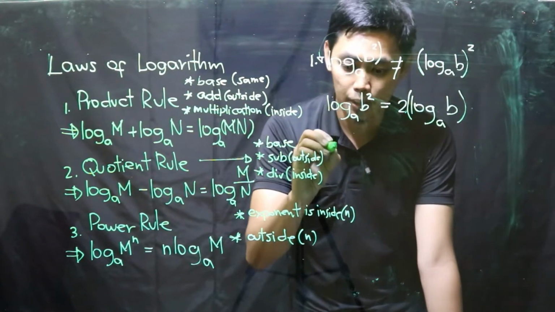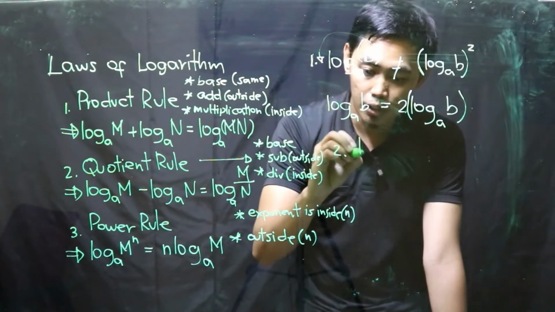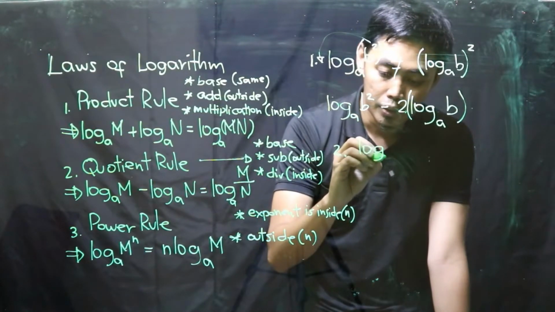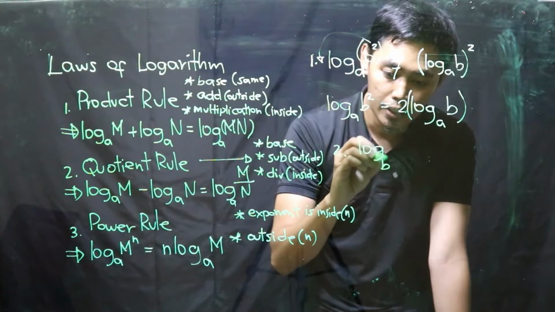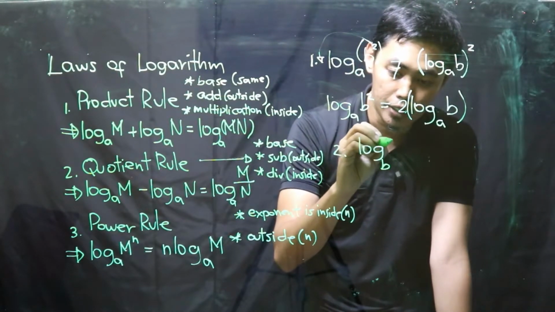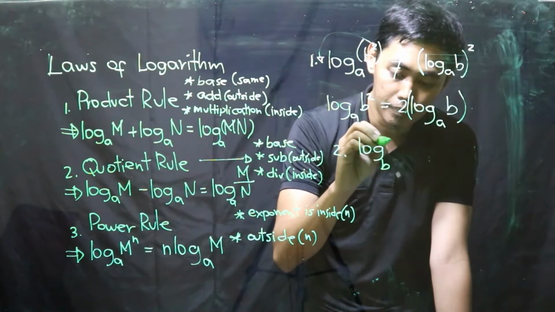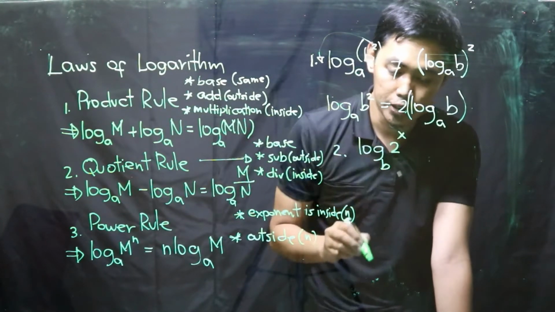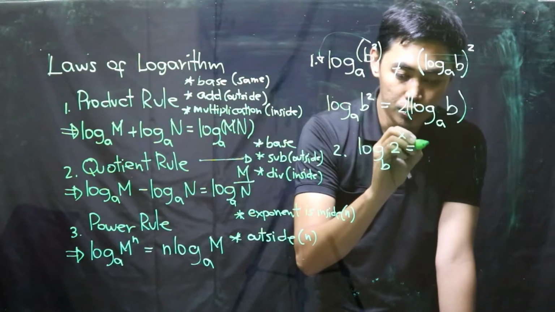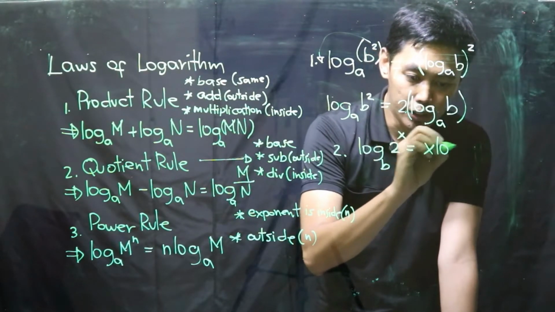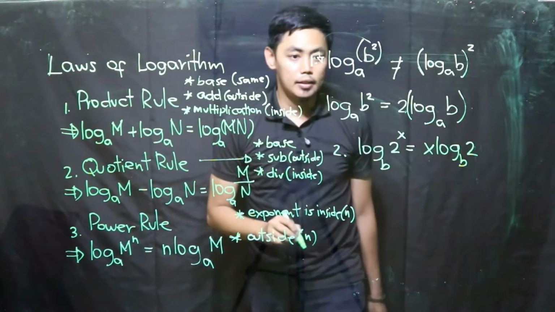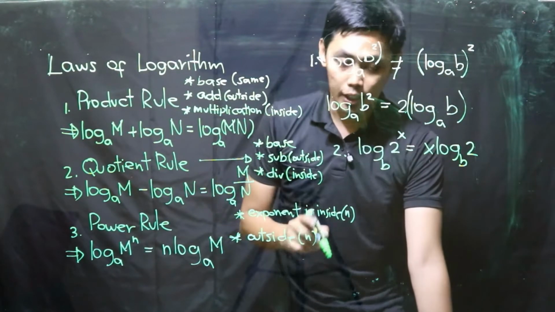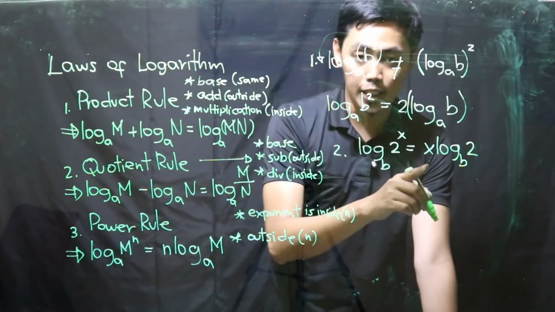So let's have another example. Logarithm of base b, then let's have here 2 to the power of x. This is equal to x logarithm of base b, 2. So, in other words, we move it to the side.